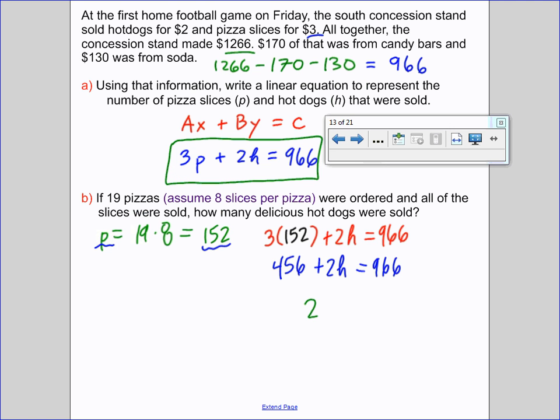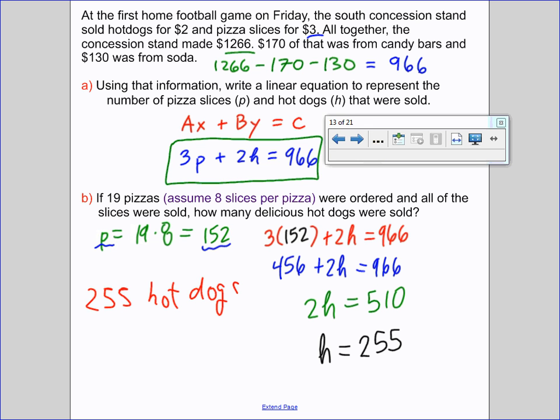Subtracting 456, I get 510, is that right? 510? Awesome. Finish it out by division. So my final answer, I get H equals 255. And I can answer my word problem in words. It looks like 255 hot dogs were sold. Yeah. Awesome. Obviously, we'll do that in red.